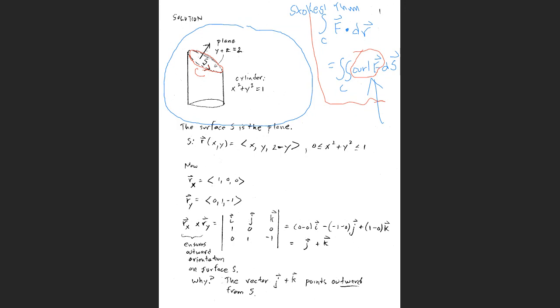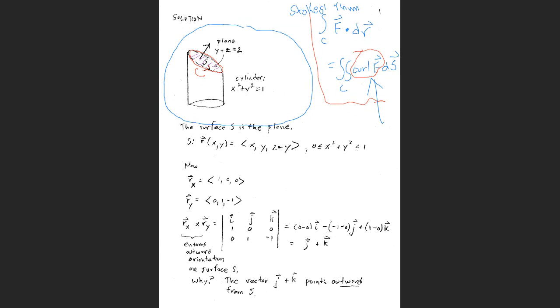Well, my surface S is enclosed inside that curve. And what is that? Well, is the surface S part of the cylinder or part of the plane?